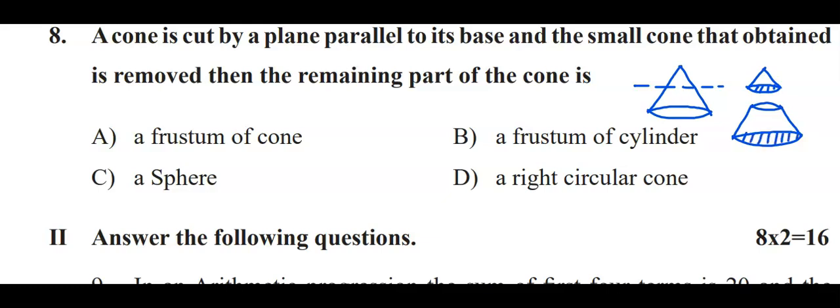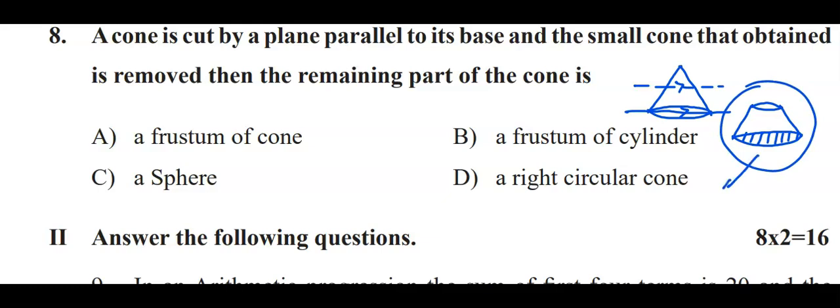A cone is cut by a plane. I am cutting the cone with a plane parallel to its base, then the small cone is formed. After cutting the cone, now I am removing this cone, the small cone which is obtained. Then the remaining part of the cone is this.